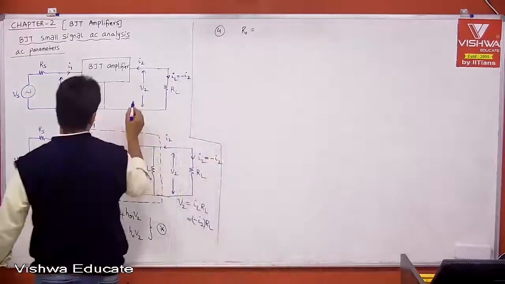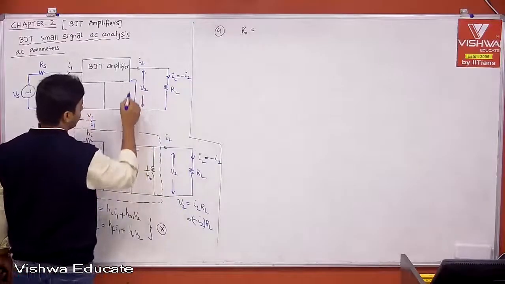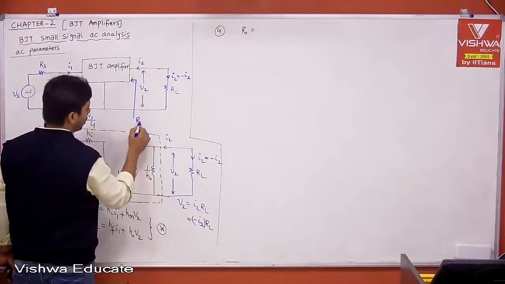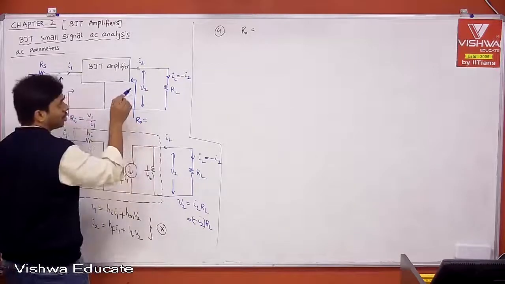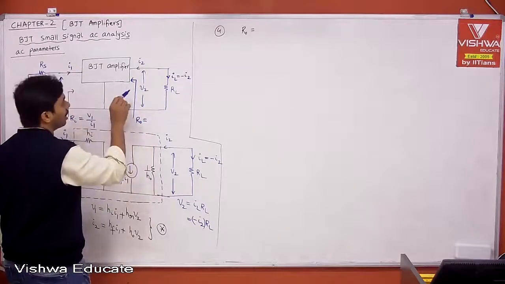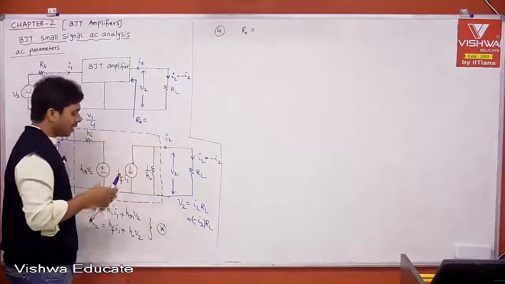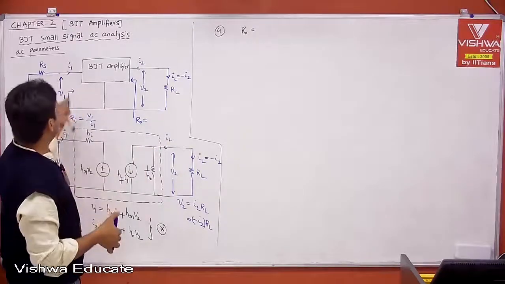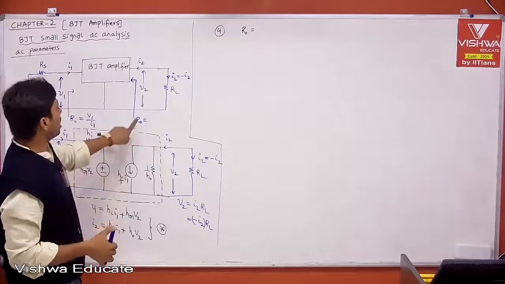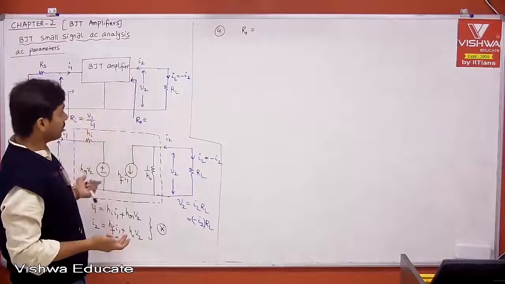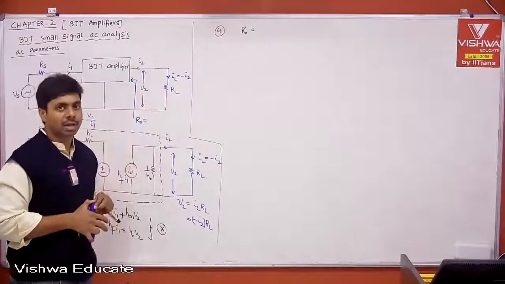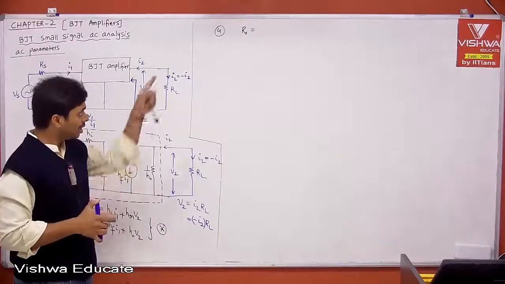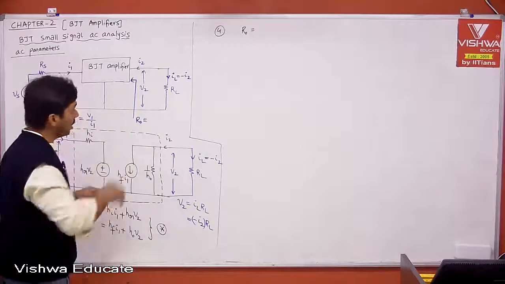Therefore, when I define R0, it is not the V2 which we get from V1; we need to apply it. Mathematically, when you say R0 is V2 by I2, you may assume that RL is connected. No, RL is not connected. That is what is important, and I'll specify that point while defining.